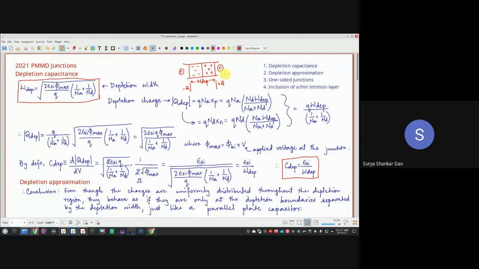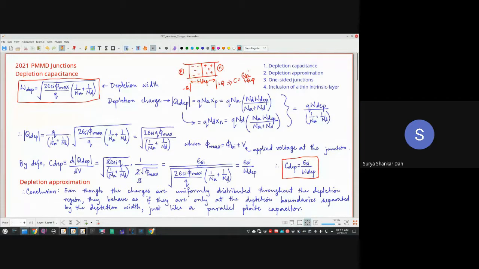This will essentially lead to a capacitance given by epsilon_si by W_dep. That is what came up here. But remember, it is not minus q and plus q, it is actually distributed throughout this.